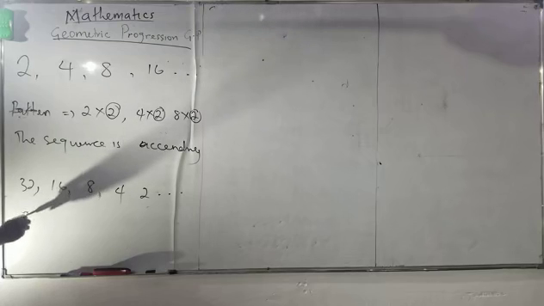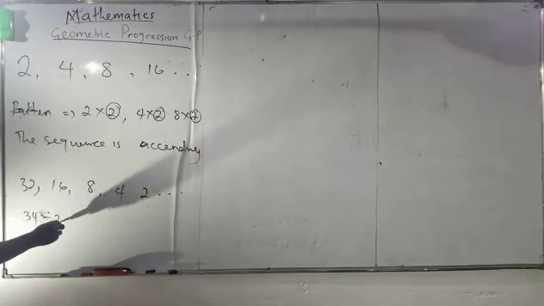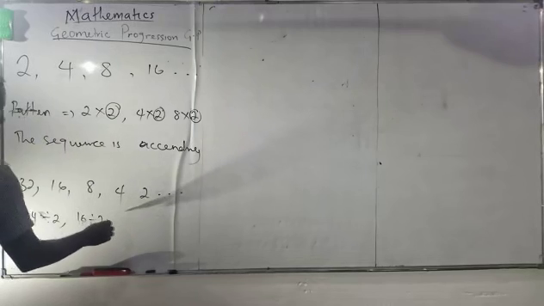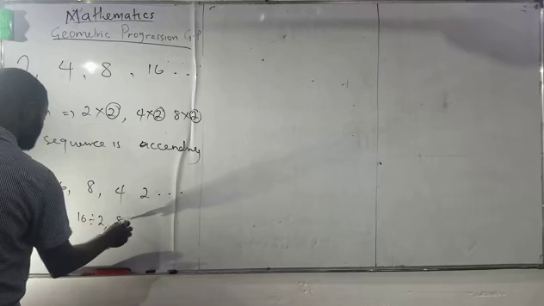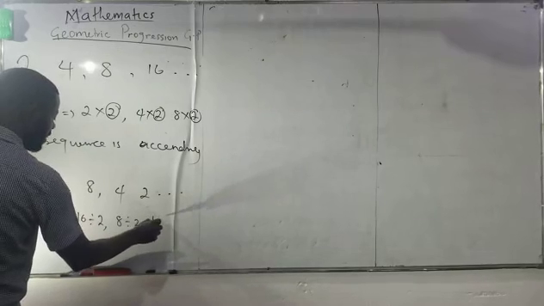I have 32 divided by 2, 16 divided by 2, 8 divided by 2, and 4 divided by 2.